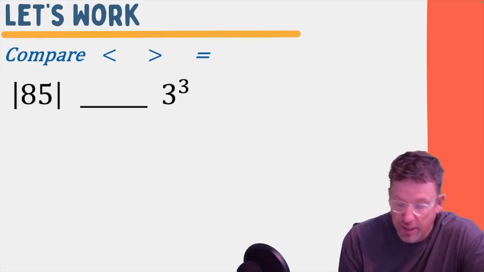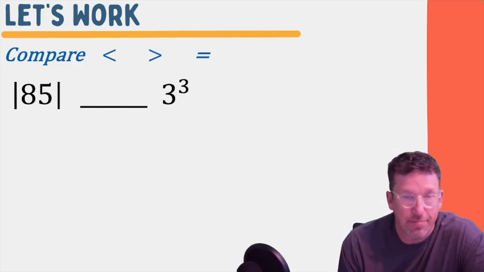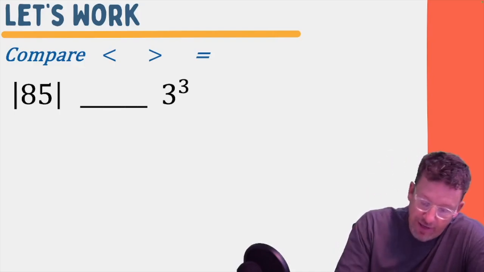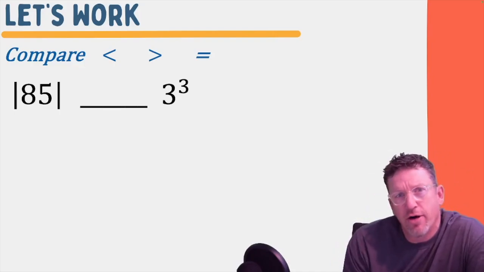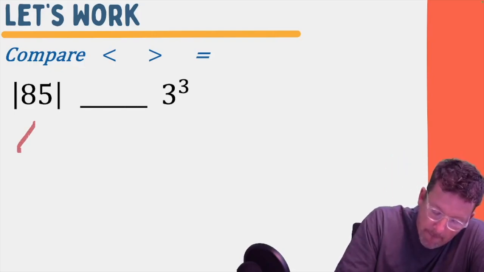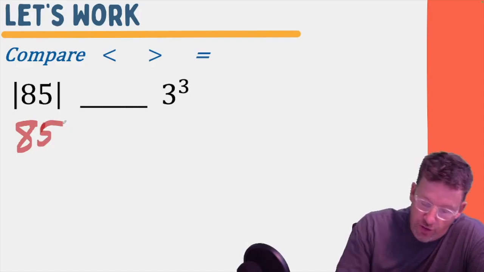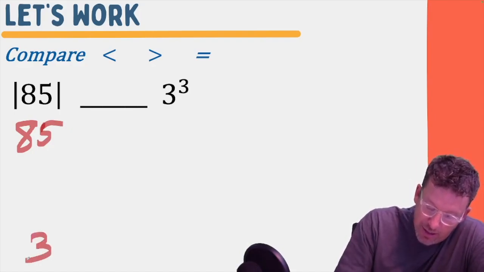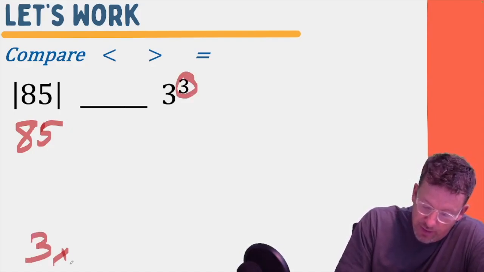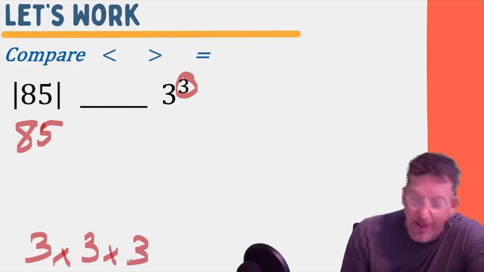Okay, let's do this. Are either of these integers? Not yet, but we're going to get them there. We have the absolute value of 85. Reword it: how far is 85 away from 0? It is 85 away from 0. And then we have 3 to the third. We have a base of 3 and an exponent of 3, which means we multiply it by itself that many times.